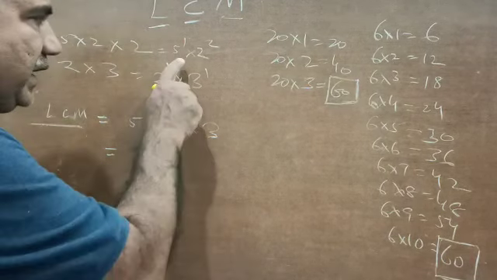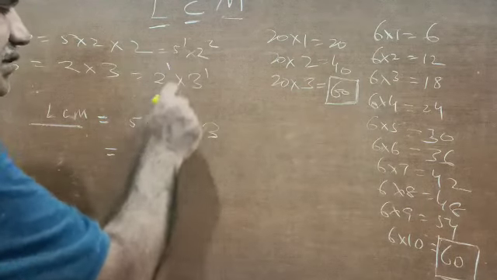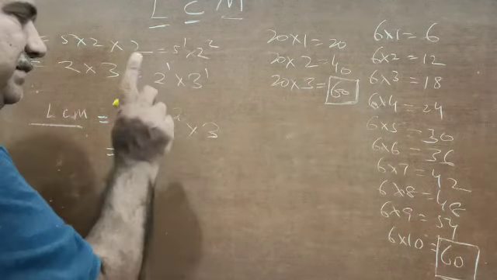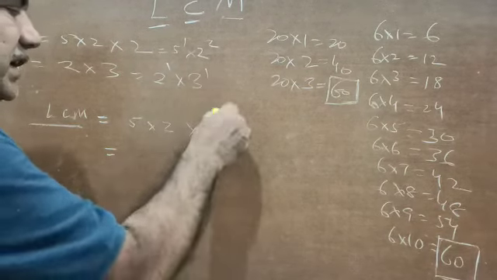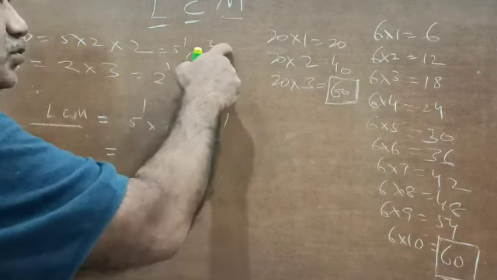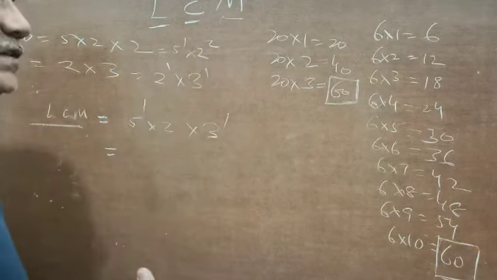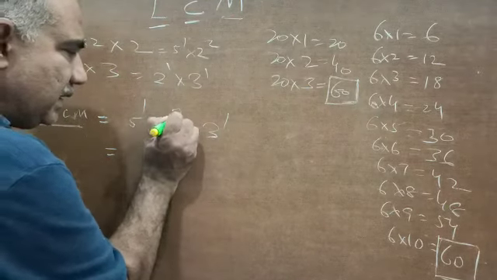Algorithm means the procedure for how to find the LCM. We write down all the factors. 5 is a factor, we have written it. 2 is a factor, we have written it. 2 is again a factor, written like this. And 3 is a factor, written. Now 3 and 5 both have power 1, so they are taken. 2 has power 2 in one and power 1 in the other, so which power is to be taken? I told you, you take the maximum power.